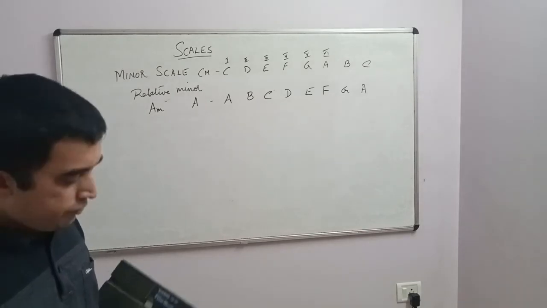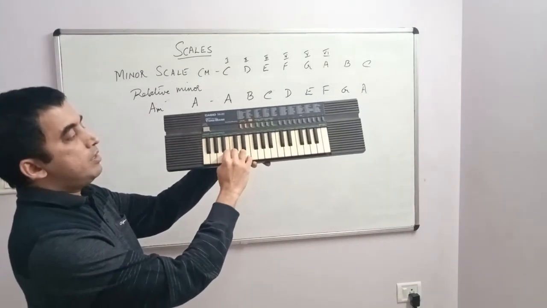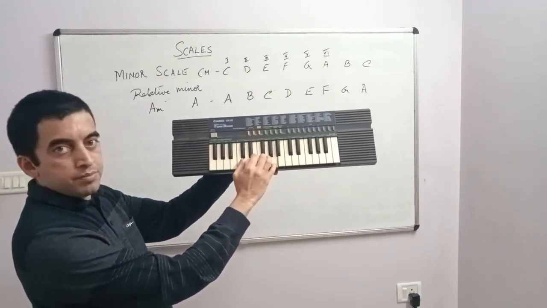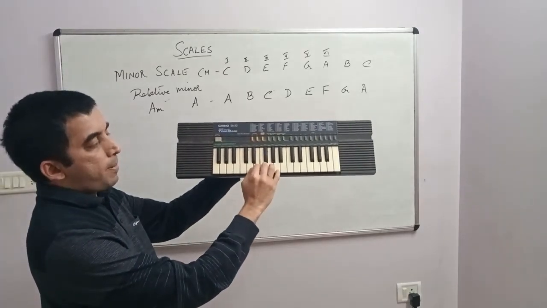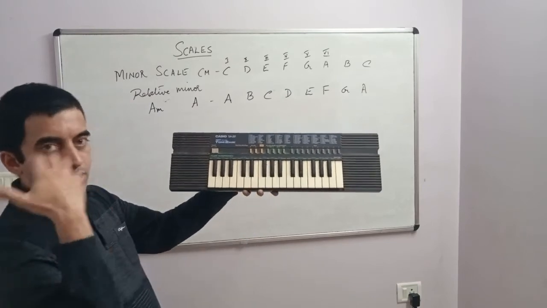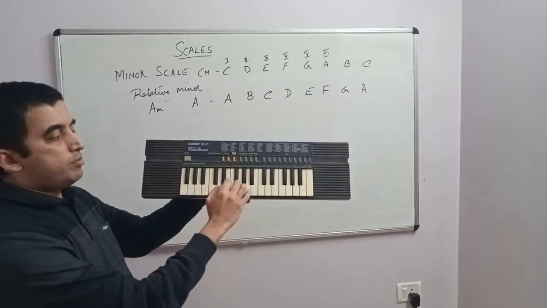Okay. So if you can play the A minor scale, it will be. So if you hear the sound of this, the intervals between the notes are different from this.